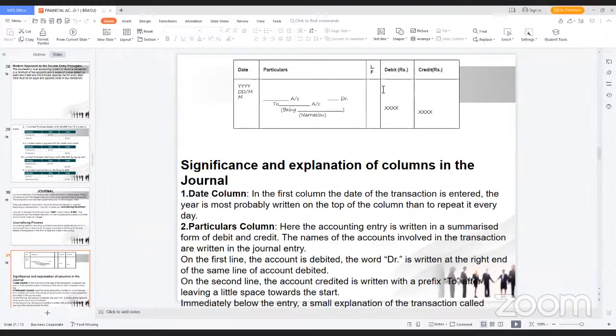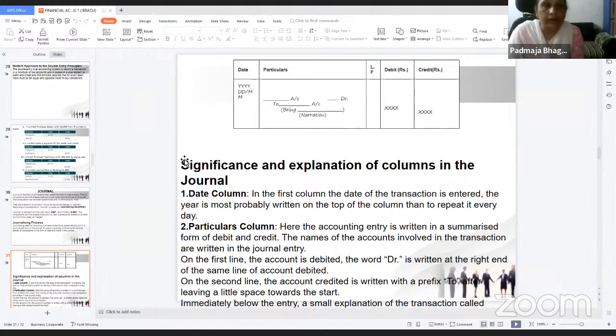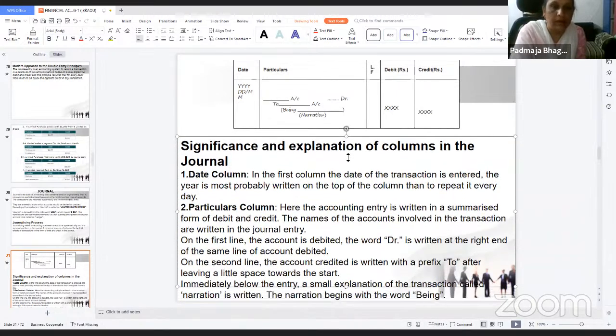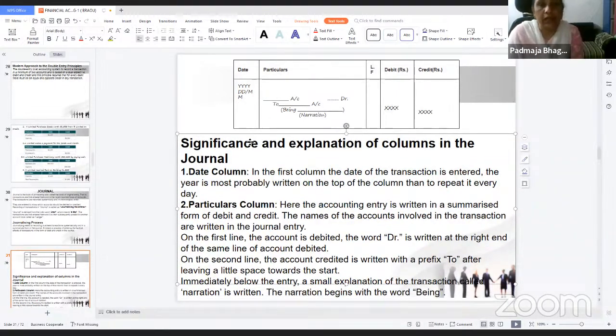Okay, so yes, this is a proforma. Just now I told you, machinery account debit to cash account. Machinery is on the debit side, cash on the credit side. Then the narration: being machinery purchased from B. Like this, you have to write the narration.